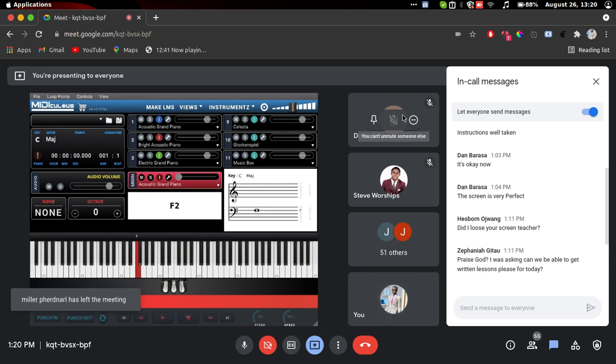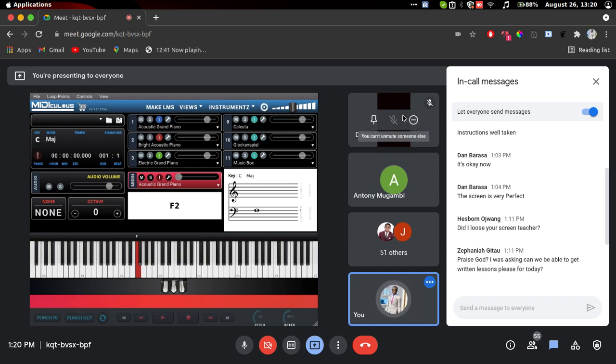F sharp. Well done. So that tells us that the distance between F and F sharp or G flat is a semitone. That is half a step.